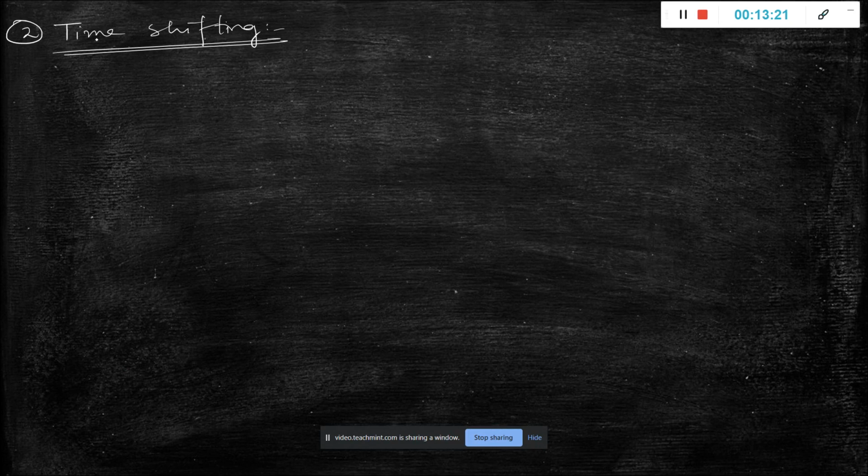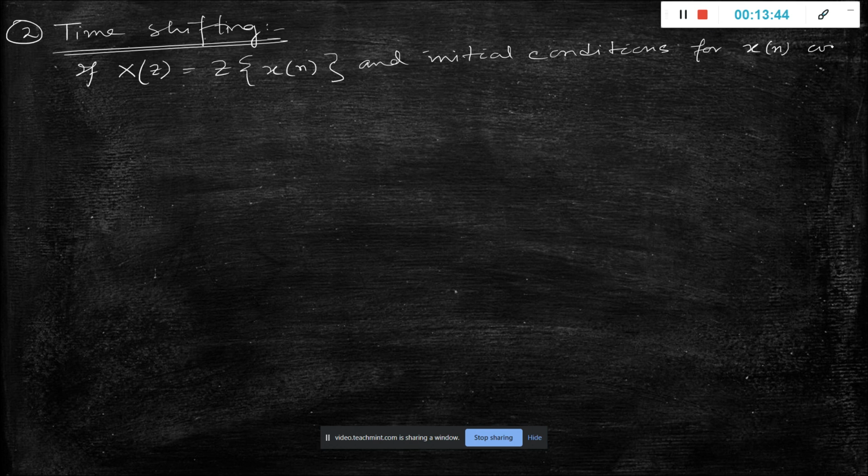So in this case, if x of z equal to z transform of x of n and initial conditions for x of n are 0, then as per time shifting property, x of n minus m equal to x of z z to the power minus m, that means delay, जितना पोर्शन डिले होगा z का पावर उतना ही होगा, ठीक है, that is the statement.